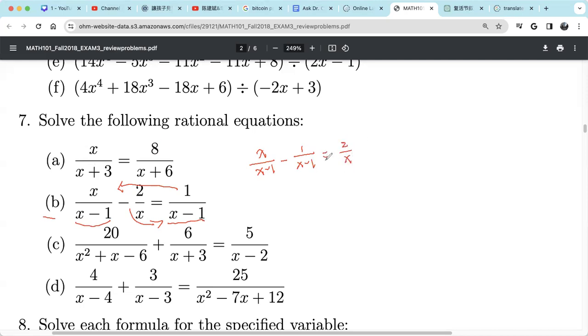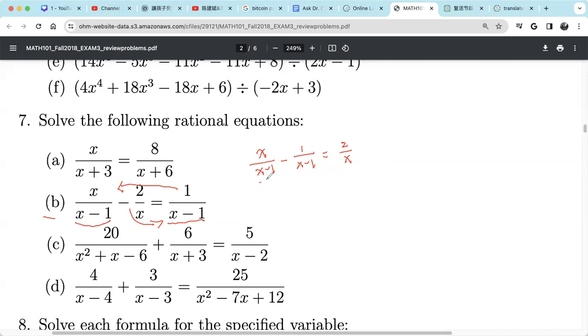Because with an equation, we can always move a term from the left-hand side to the right-hand side, or from the right-hand side to the left-hand side, by changing the sign. If it's positive on one side, when we move it to the other side, it becomes negative. If it's negative and we move it to the other side, it becomes positive.